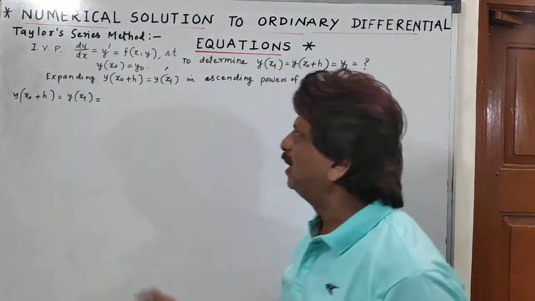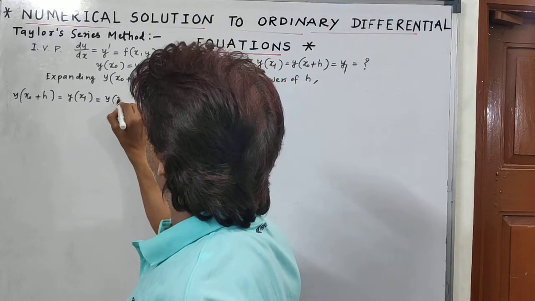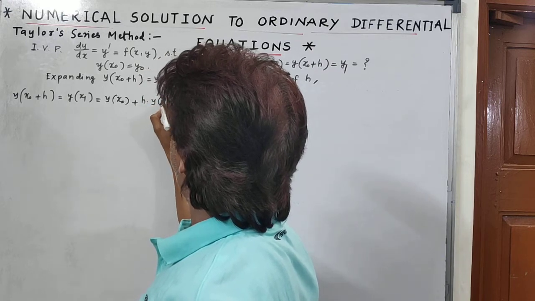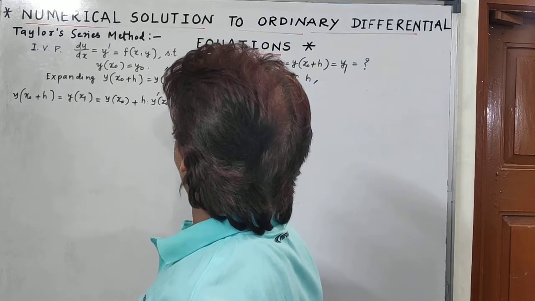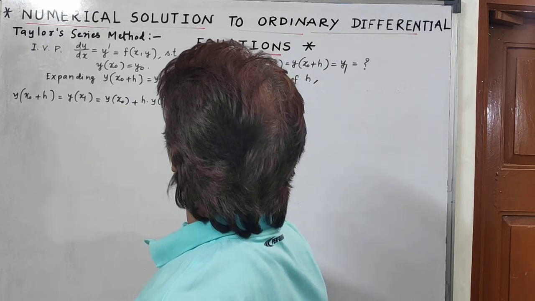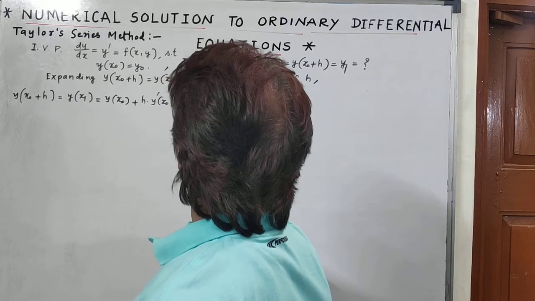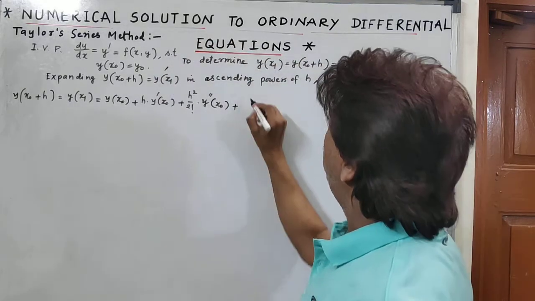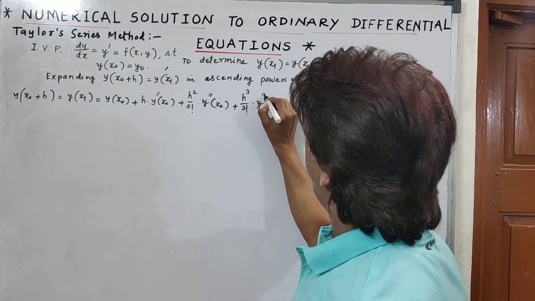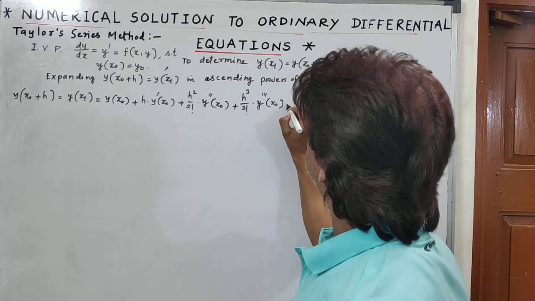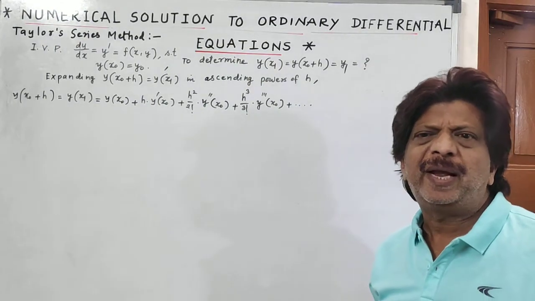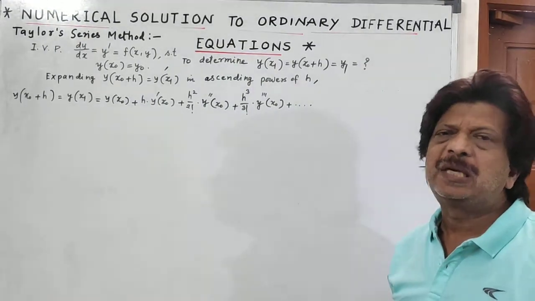The formula goes like this: y of x0 plus h times y prime of x0 plus h square by 2 factorial y double prime of x0 plus h cube by 3 factorial y triple prime of x0, and so on. That is how we have learned the Taylor series in M1 and M2, Maclaurin series, Taylor series, and all that.